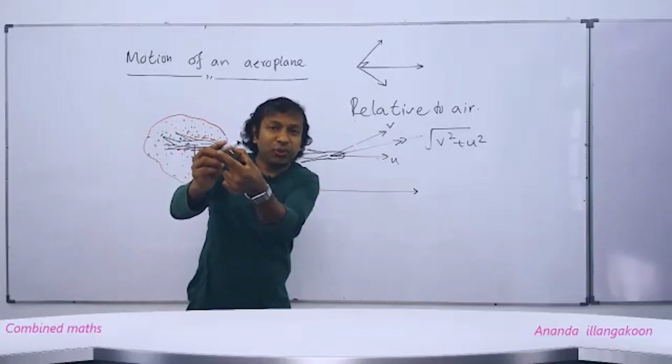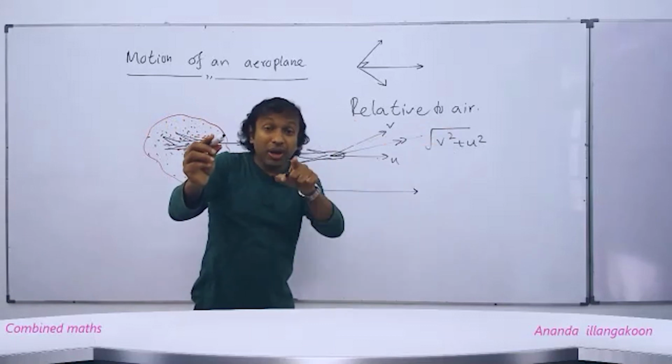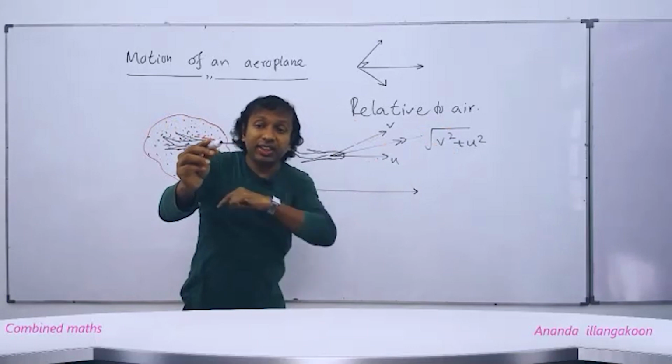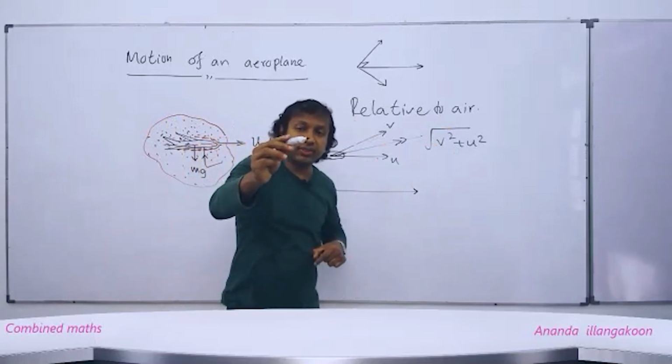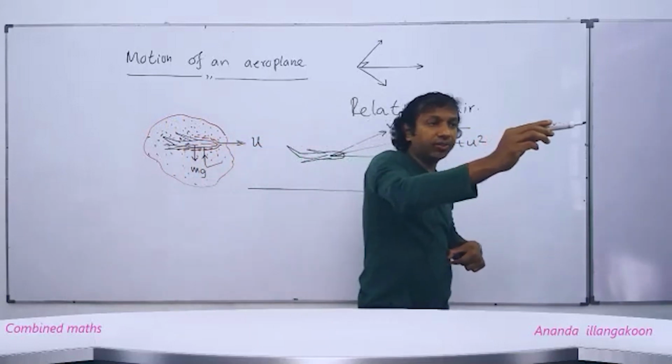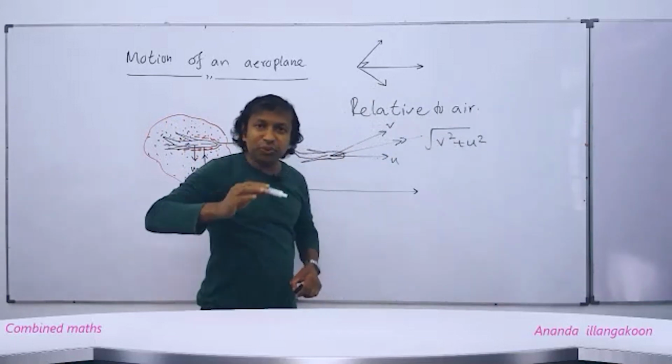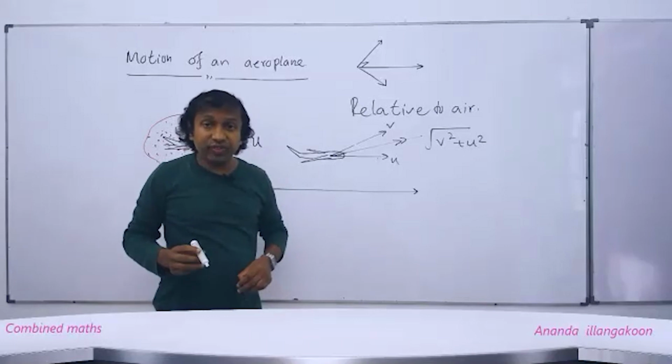the aeroplane can go to its required destination, but while it is moving along that direction, remember its body is kept like this and it is really moving like this. Understand? People, this motion we can very clearly identify.